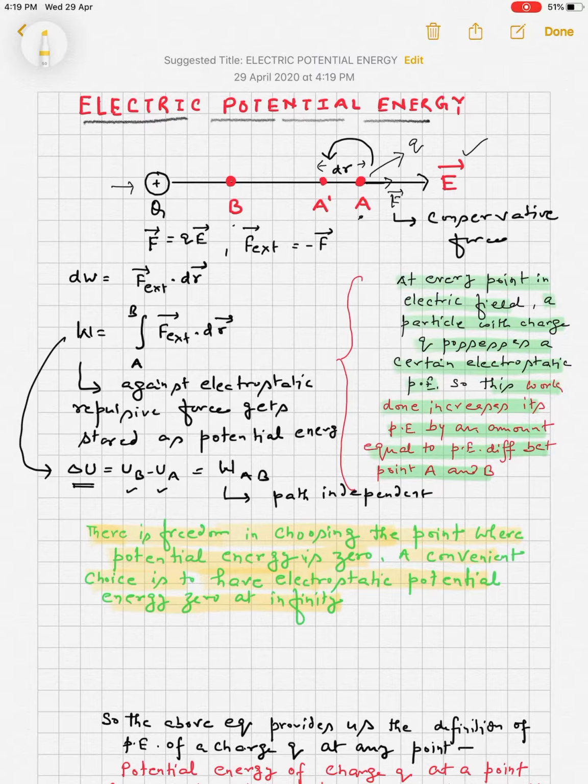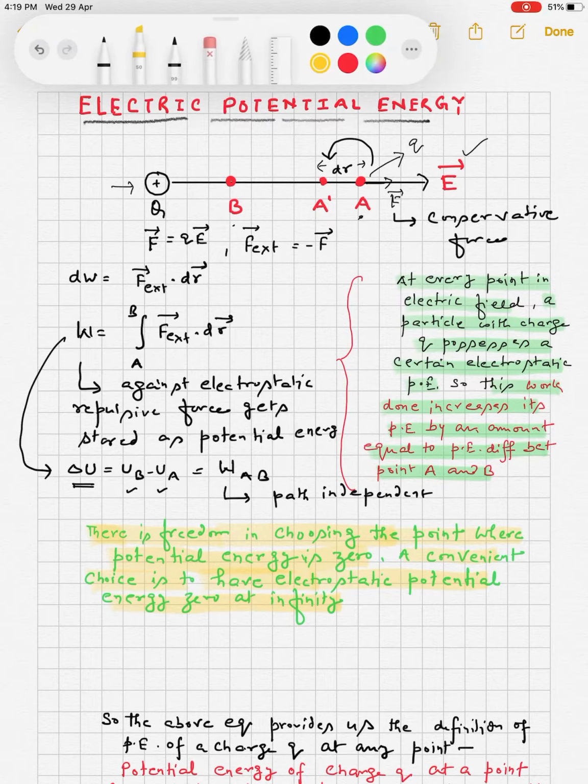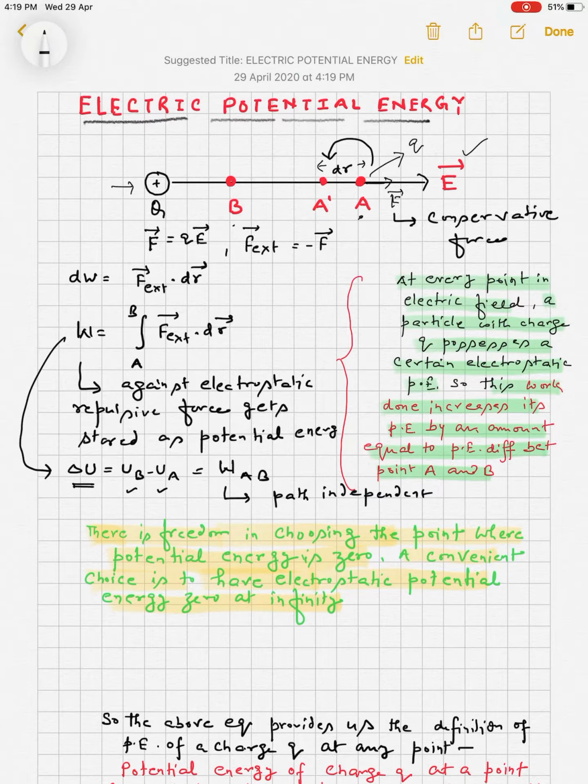So we can consider a point where potential energy is zero, and that point is infinity. So I take the point A at infinity. If A is taken to infinity, the potential energy at this point, UA, will be 0.